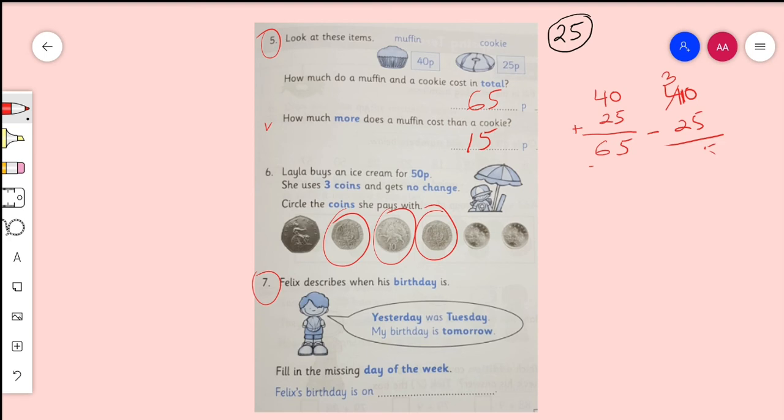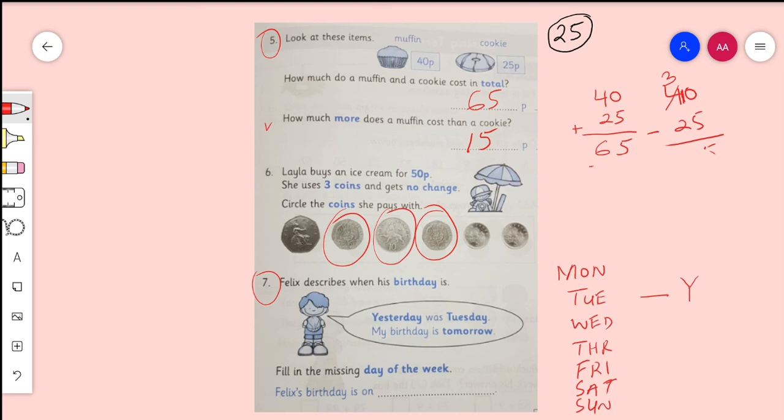So let's write the days. Monday, Tuesday, Wednesday, Thursday, Friday, Saturday, and Sunday, right? We've been told that yesterday was Tuesday. So this was yesterday.